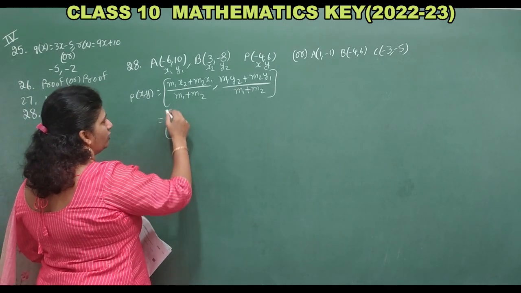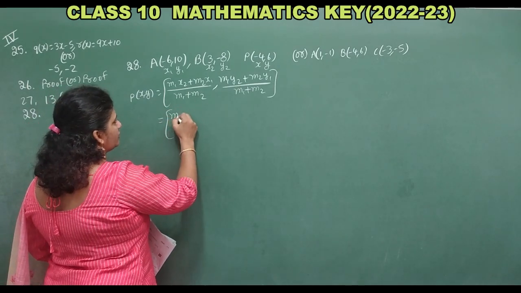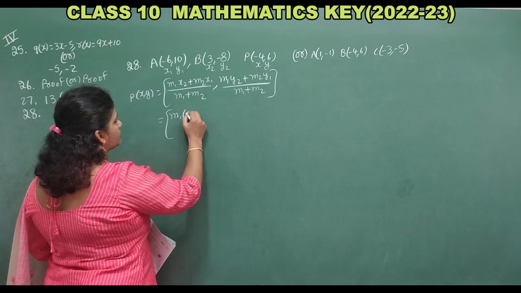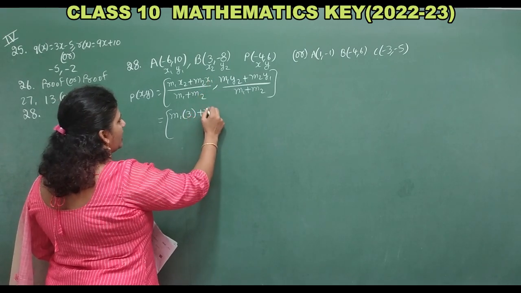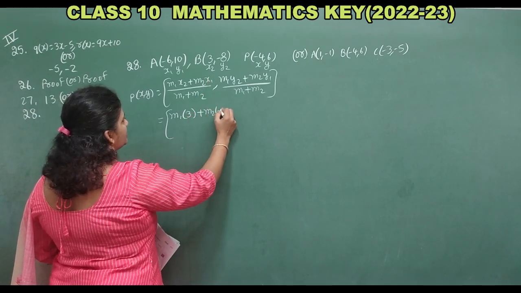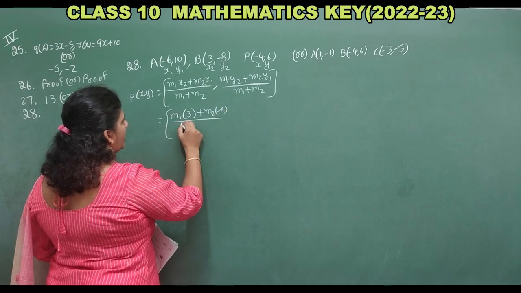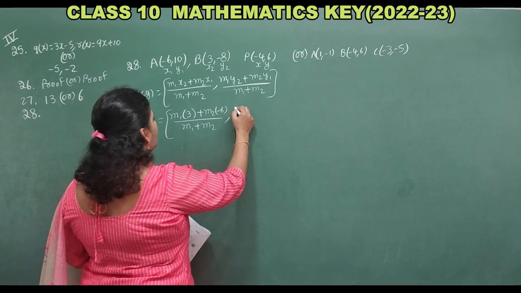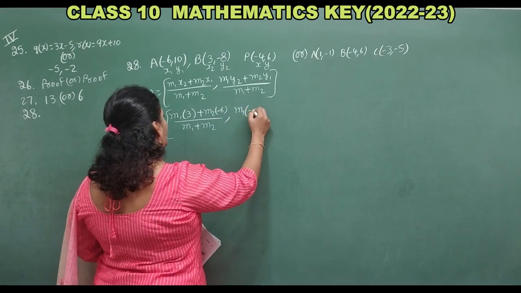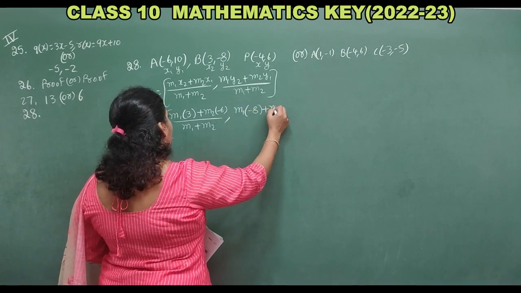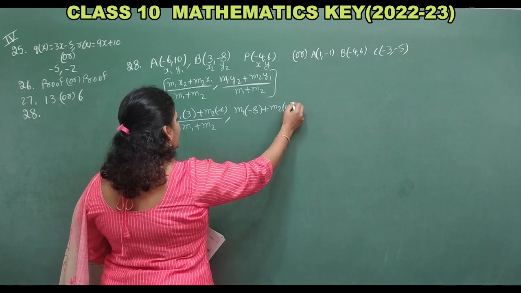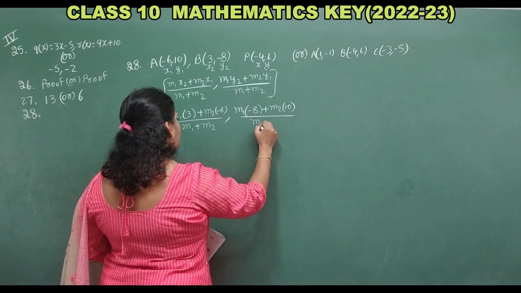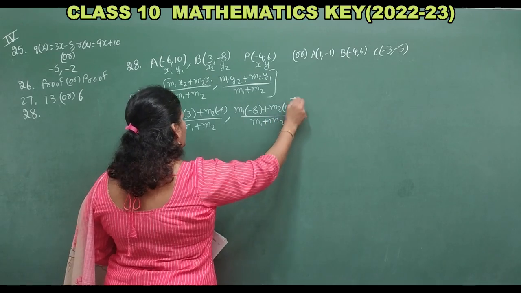Substitute. We don't know m1, m2, as it is. You take m1 into x2 value, which is 3, m2 into x1 value, which is minus 6, by m1 plus m2, comma m1 y2, which is minus 8, plus m2 y1, which is 10, by m1 plus m2.